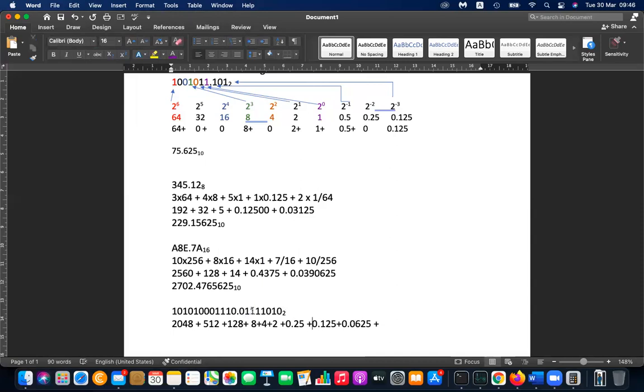Then the third one is 0.125, that is also there. Fourth one is 0.0625, that is also there. Fifth one is 0.03125, that is also there. Then the sixth one, you don't have any. Seventh one is 0.